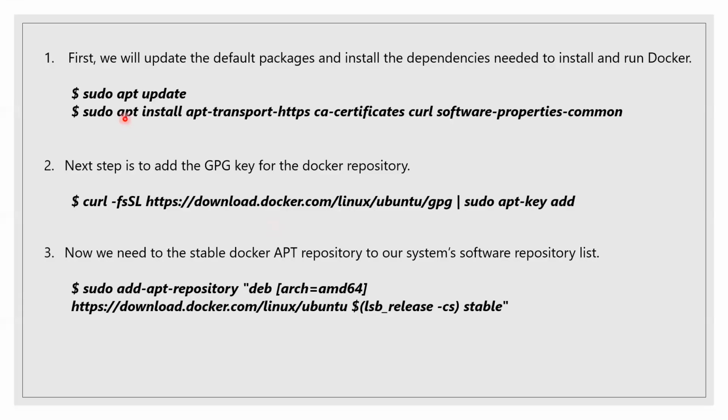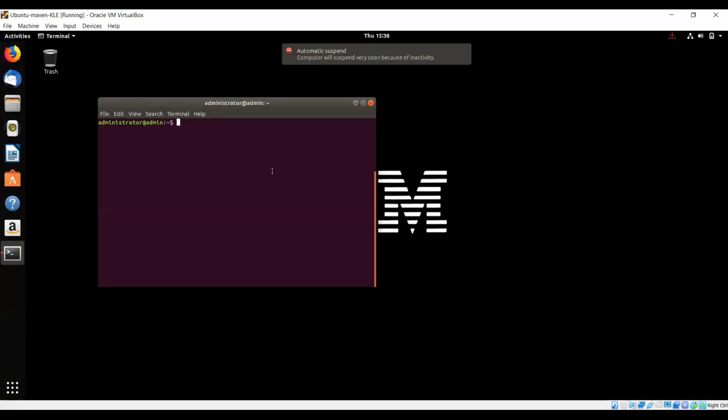So this is my sudo apt update, sudo apt install. These are the commands that we need to install it. We will install it right now. I won't share the screen as of now, I'll just share my VM, and I will be moving between screens just to copy those commands. Hope it shouldn't matter.